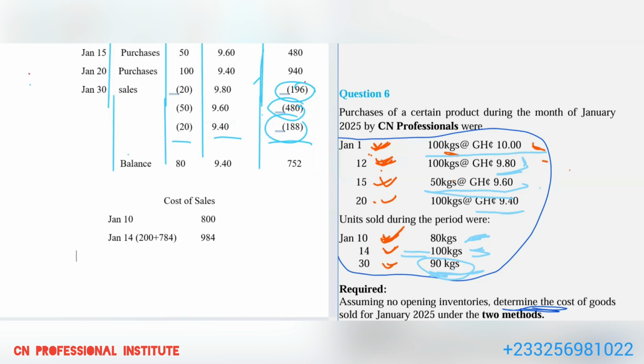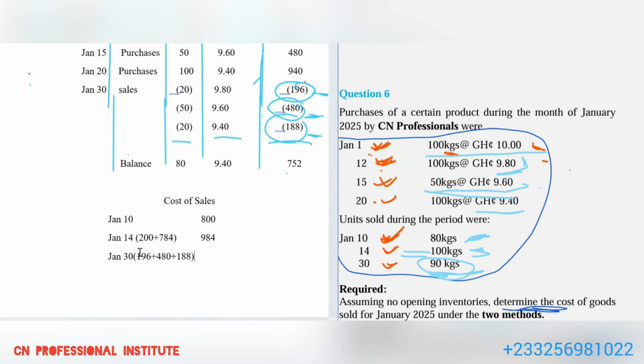Then finally, January 30. We had three, so January 30 was this last three, this one and this one. We just have to put them together. So we had 196 plus 480 plus 188.